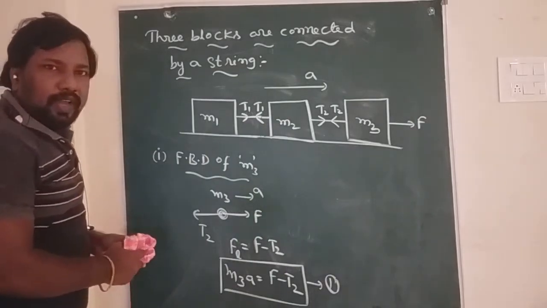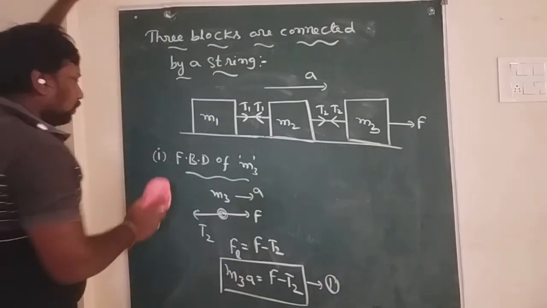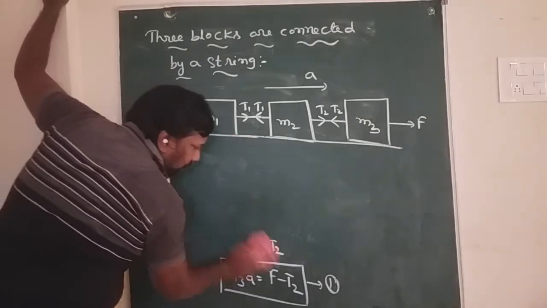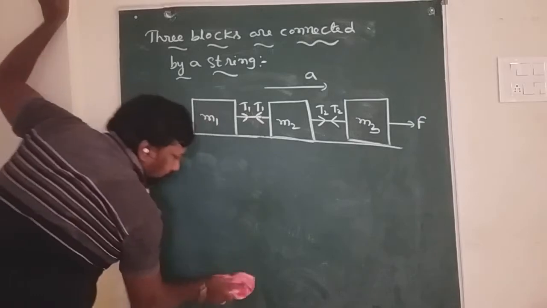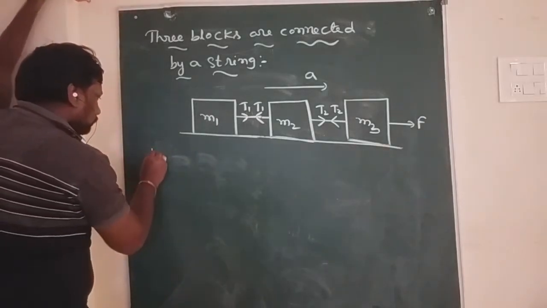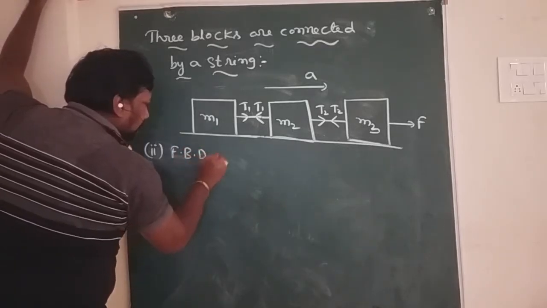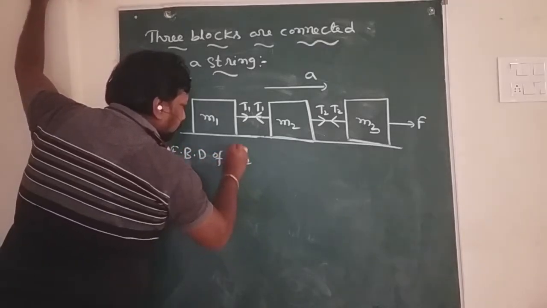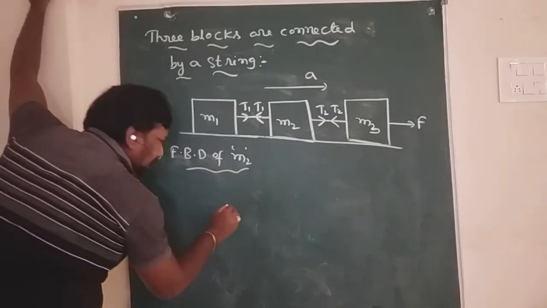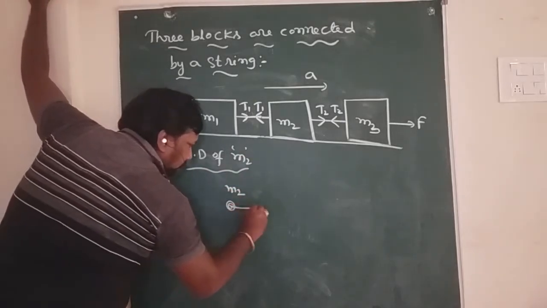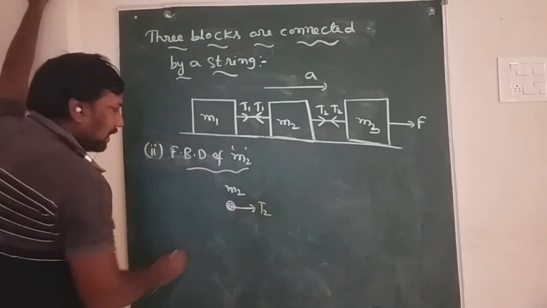Now free body diagram of M2. So here this is the M2 block. Tension force T2 is acting on the right side.